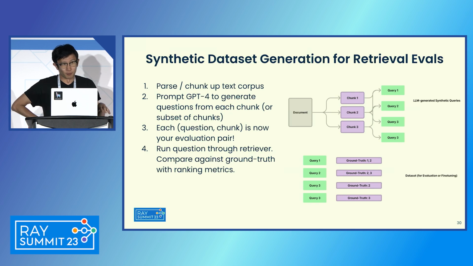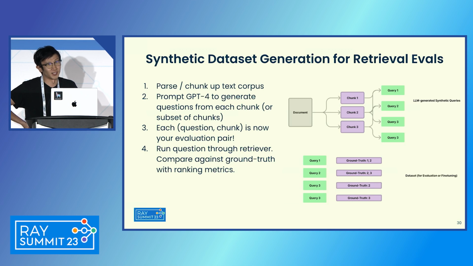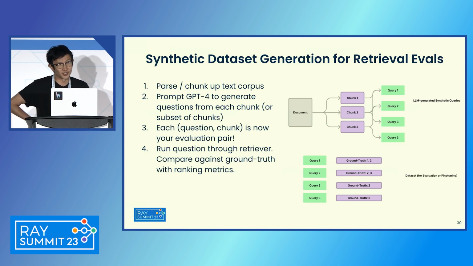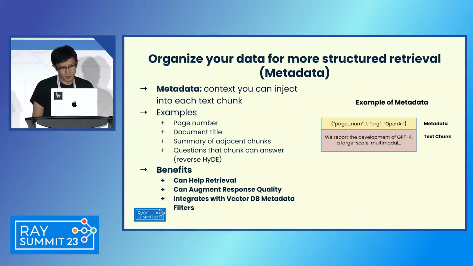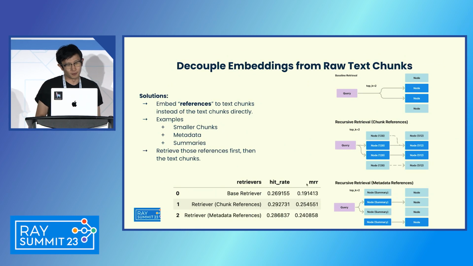So then when you run your retrieval system on your entire corpus, you can measure where in the ranking of retrieved results that ground truth chunk is, and then use traditional ranking metrics. This becomes an ML ranking problem. You can use NDCG, MRR, a bunch of these to measure the performance. When we evaluated this, this is basically what we did. You can see the MRR performance. Notice all the numbers are kind of low.